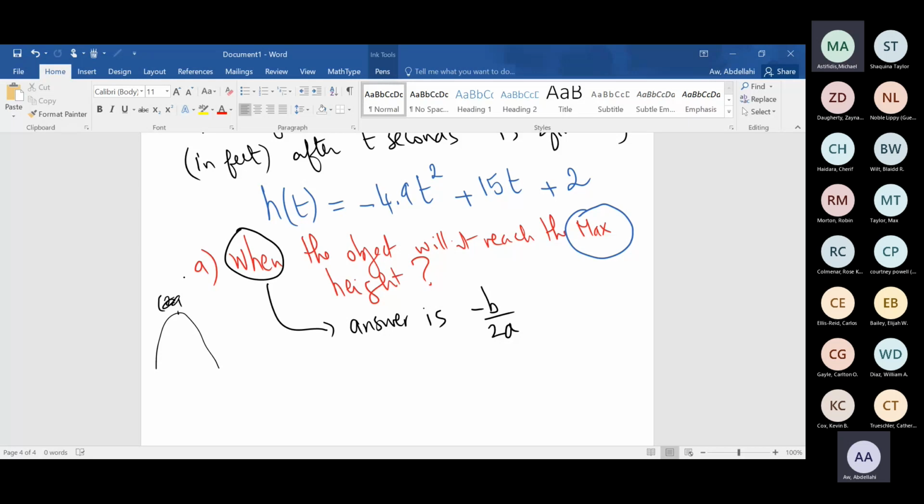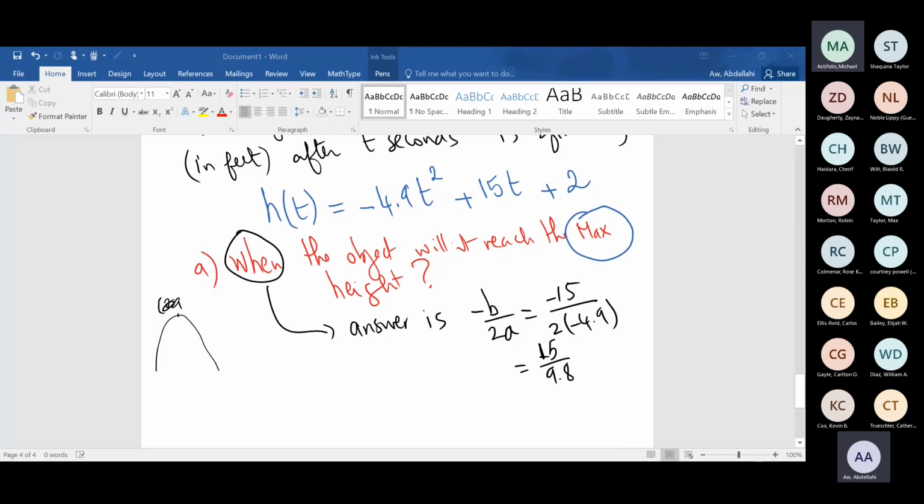In this case, it's negative 15 over 2 times negative 4.9, which is 15 over 9.8, which is about 1.53 seconds.